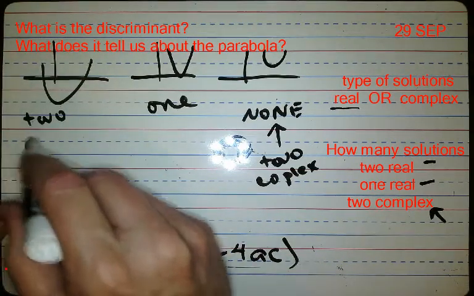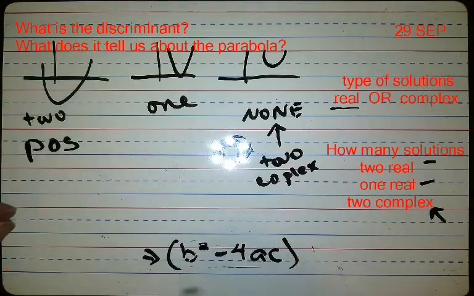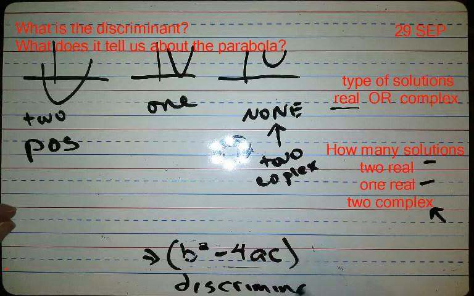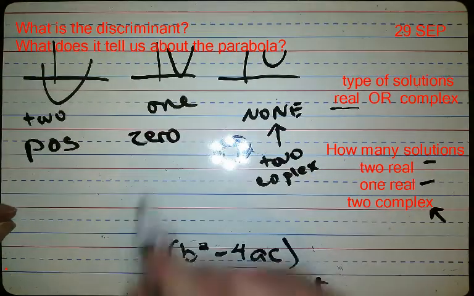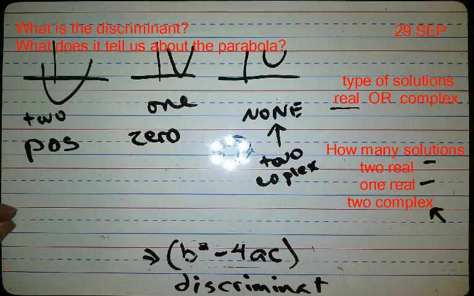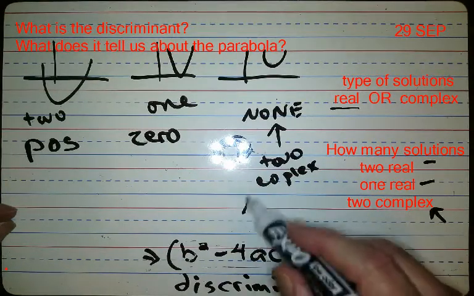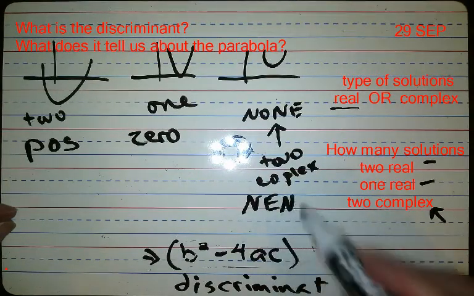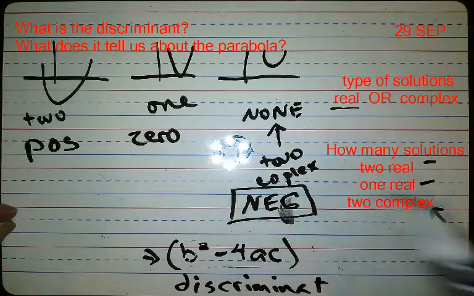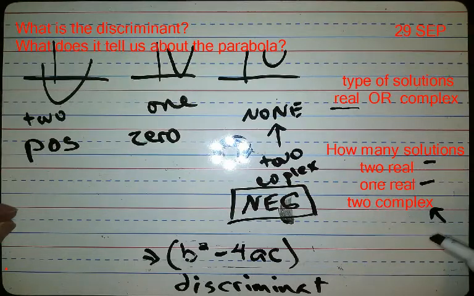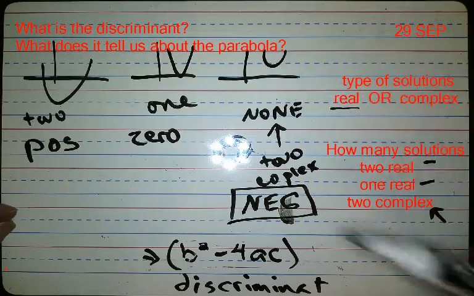Well, this thing is called the discriminant. If it's a positive number, there's 2 x-intercepts. If it's 0, there's only 1 x-intercept. And if it happens to be a negative number, that's when there's no x-intercepts at all.